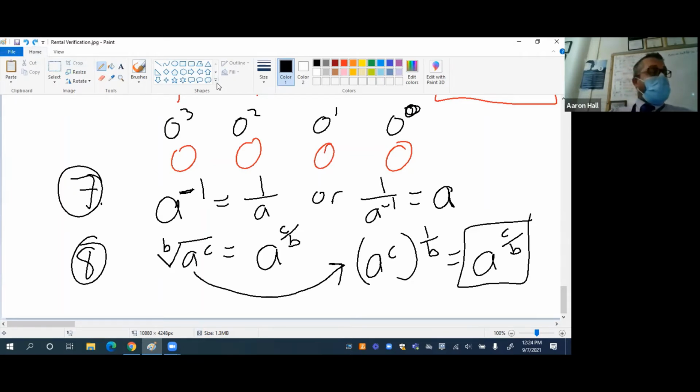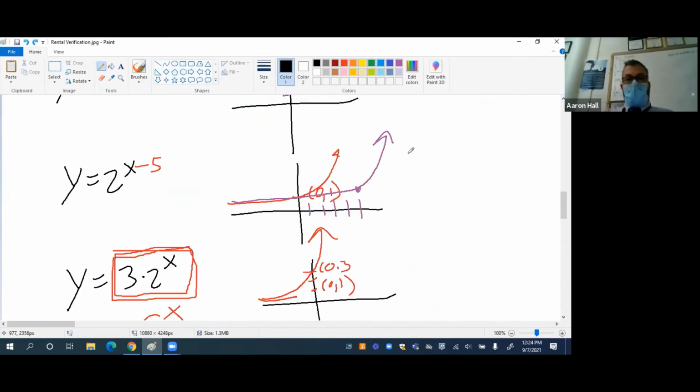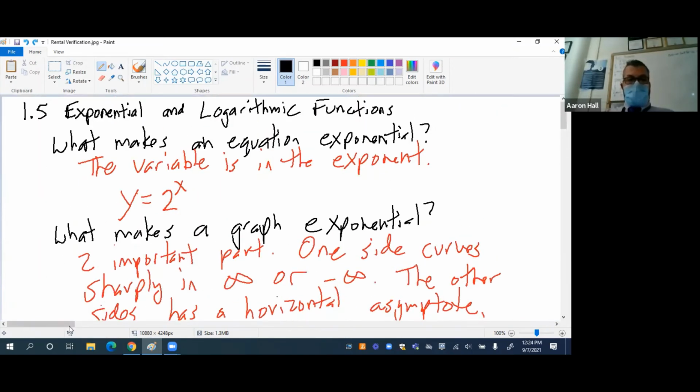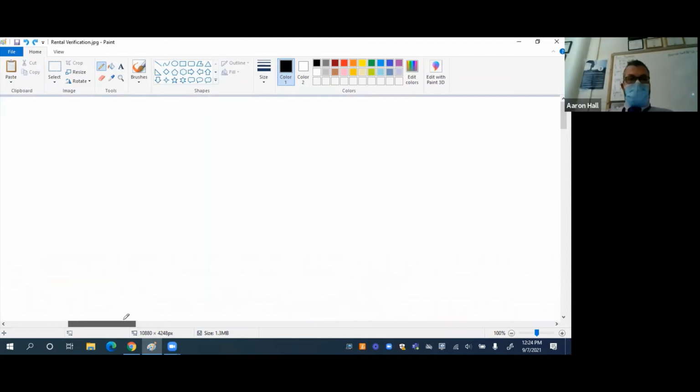Unless you have other questions about this, we are going to be moving on to, not logarithms yet. Okay, you guys are good. How do we simplify?